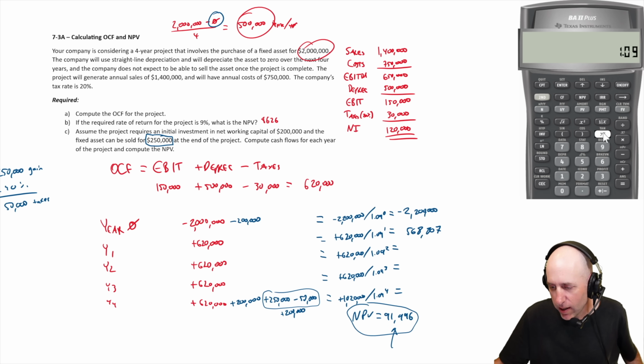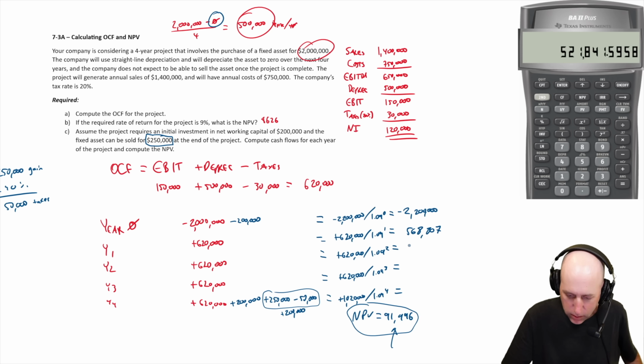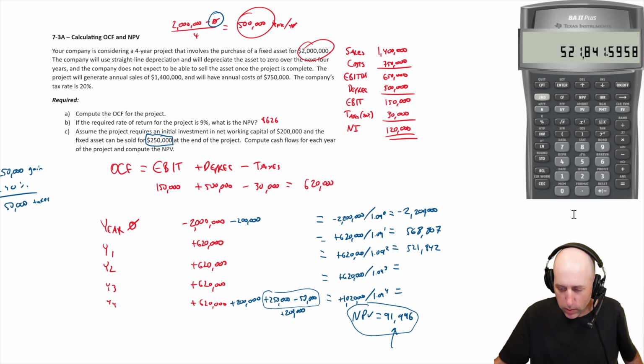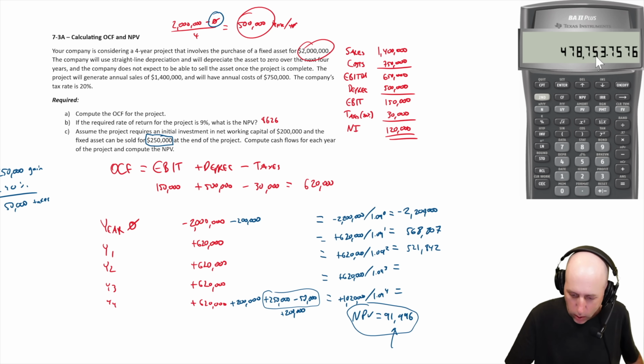1.09 to the power of 2. I just go 1 over x times 620. I get 521,842. 1.09 to the third power, you go 1 over x times 620. 478,754.